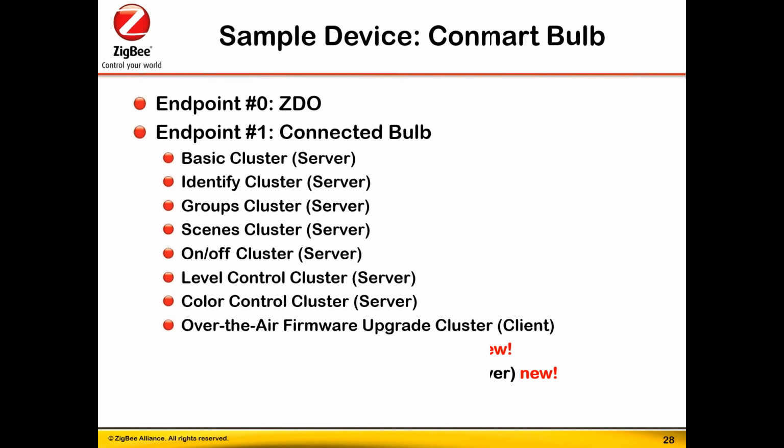So you have a plug and a socket and not two plugs or two sockets, to put it this way. What's also important and makes this architecture very flexible and future-proof is that the clusters are the smallest interoperable unit in ZigBee. So if you have a certain client cluster that you have certified at the ZigBee test house, then you can be sure that you can control all ZigBee on-off server cluster devices. Next slide, please.